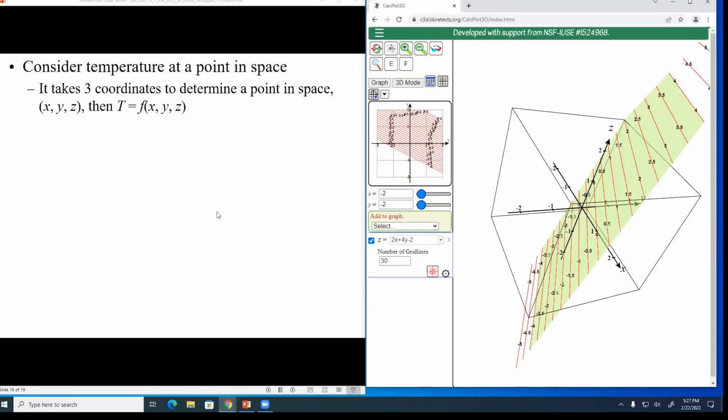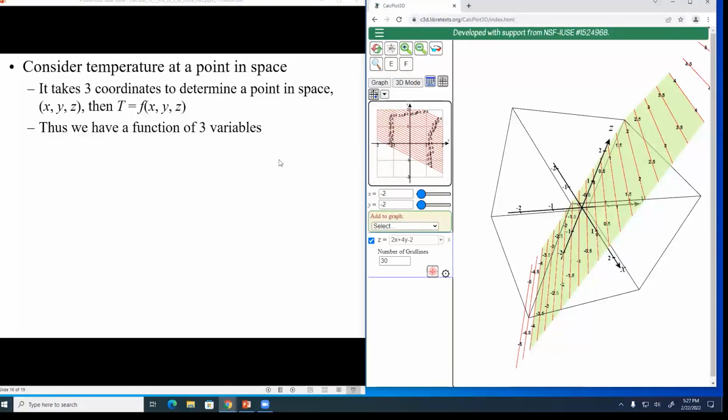Okay, now we need to extend these ideas a little bit. Imagine a temperature at a point in space. Well, it takes 3 inputs to determine a point in space, and then the output would be the temperature at that point. So what this introduces is what we would have as a function of 3 variables.